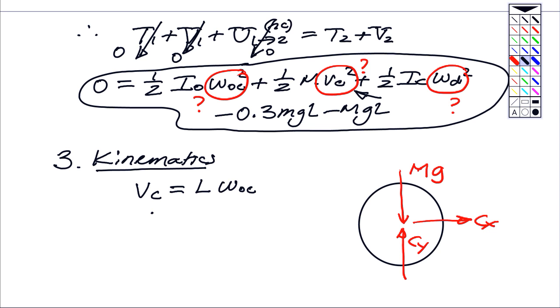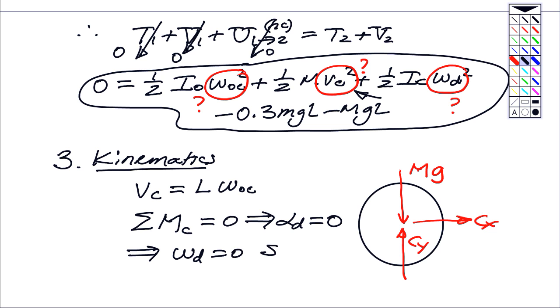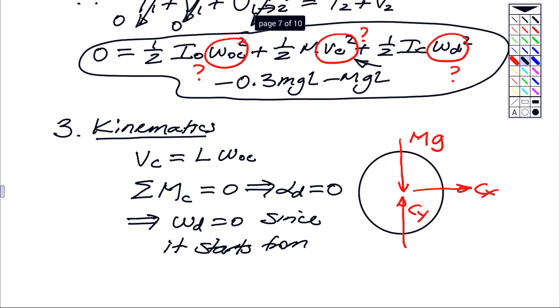So to get the kinematics, we're going to use a kinetics equation that says the moment about C for this disk is 0, which says that alpha for the disk is 0. If alpha is 0, then omega stays what it was, and since it starts out from rest, it is 0. What this means is if there had been some initial spin for the disk, that spin would be unchanged because there's nothing in that bearing at C to cause it to change.